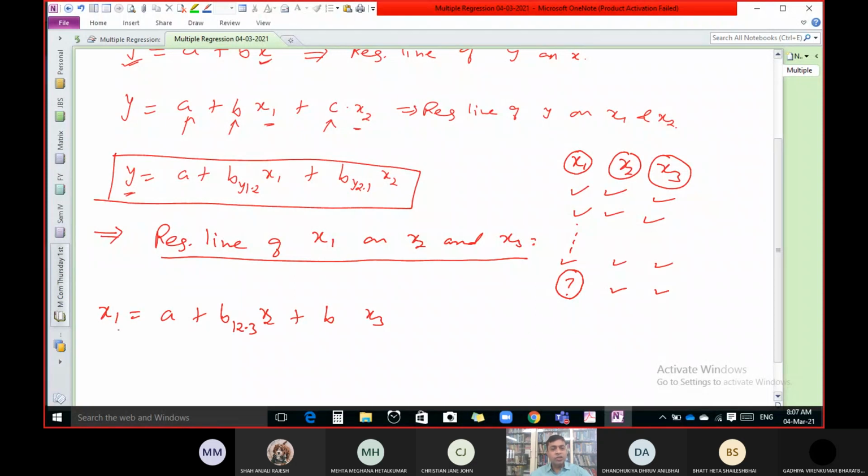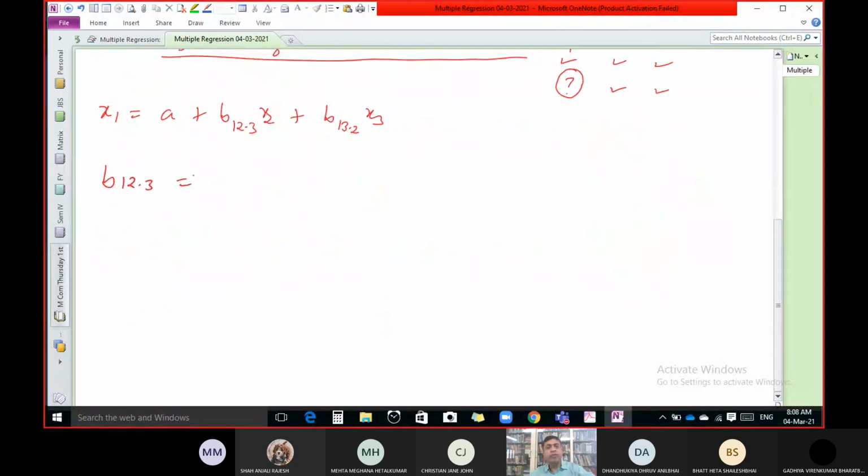Why 12.3? It shows the regression coefficient of x1 and x2 keeping x3 constant, and here you can write b13.2. Now what are b12.3 and b13.2?